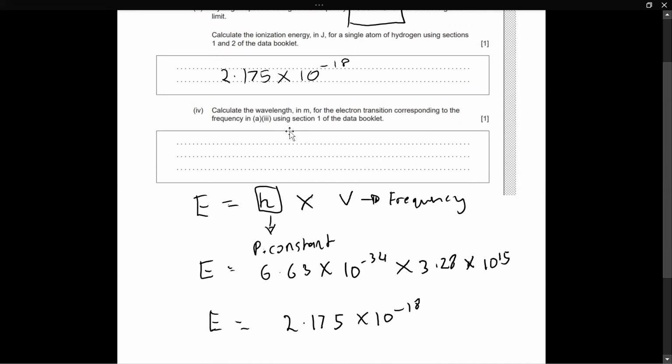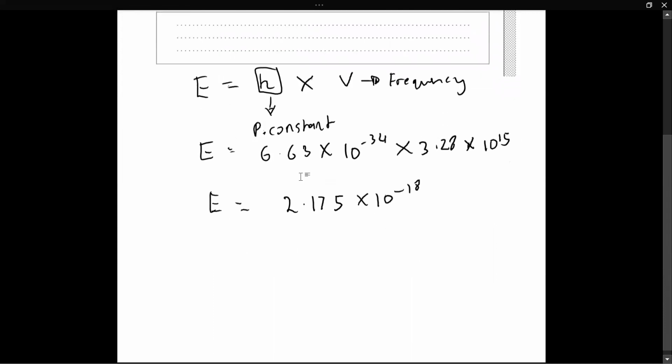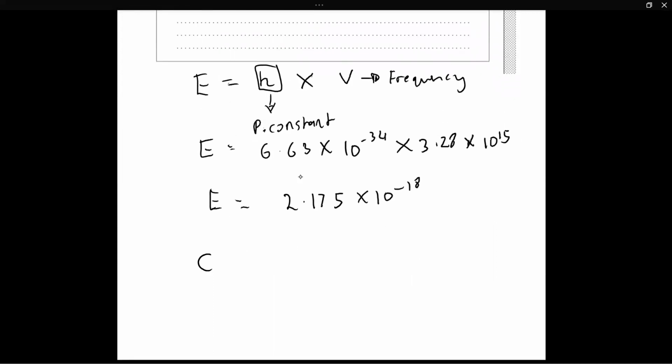If you flip over to section 1, the very second equation, or I'm not sure which version of the data booklet you're using, but search for this equation: c is equal to v times this funky looking symbol over here. What is this equation? What are all these letters?